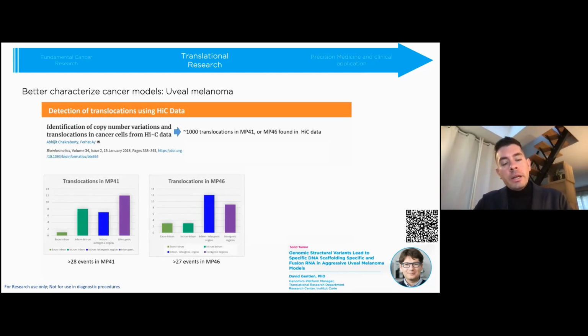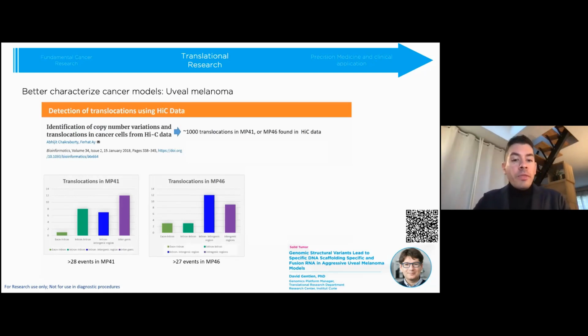So in an effort to better characterize uveal melanoma models, the group of David Gentien at the Curie Institute in Paris used Hi-C, RNA sequencing and optical mapping to identify structural variation leading to fusion genes.